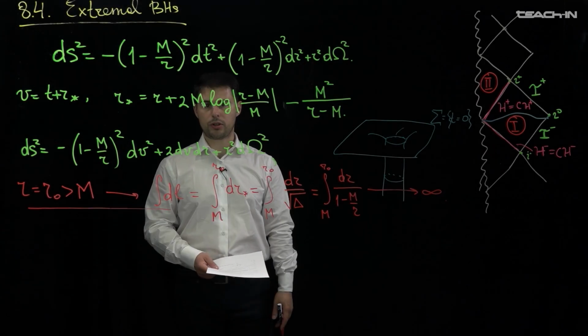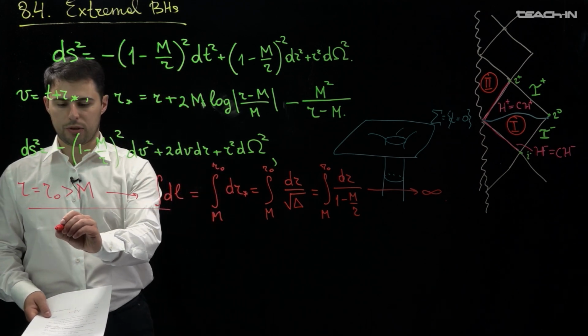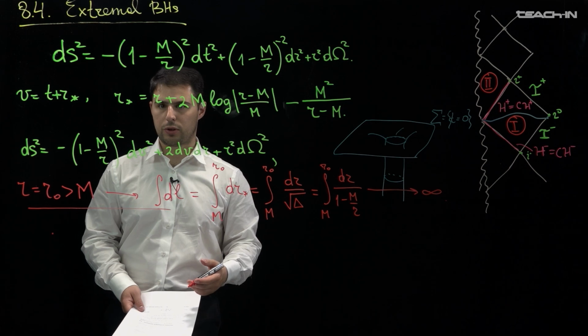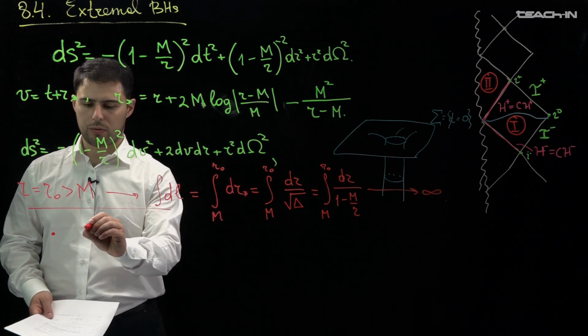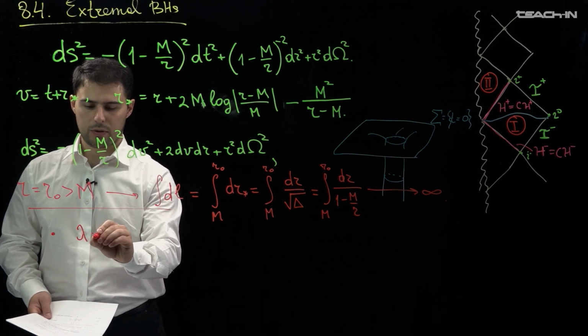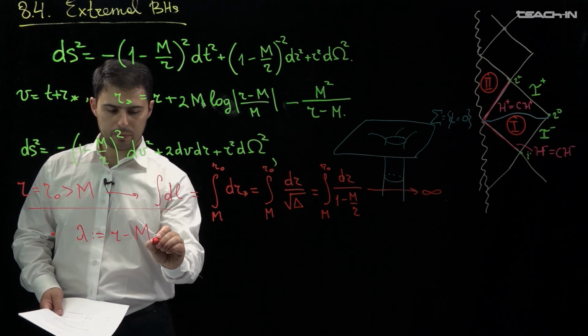The geometries of such extremal black holes have a number of very nice features. Let us consider the near horizon limit of this geometry. Let us introduce the parameter lambda equals r minus m.